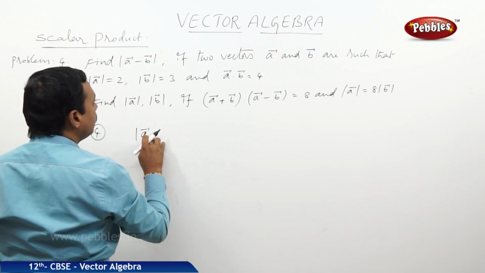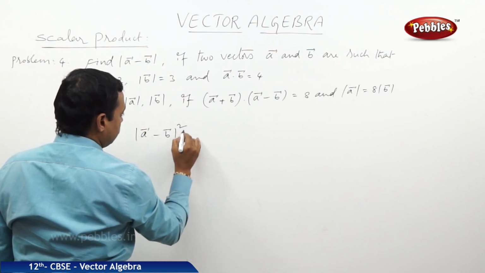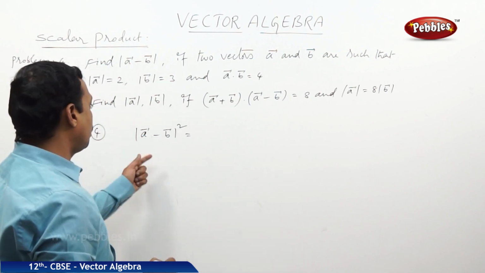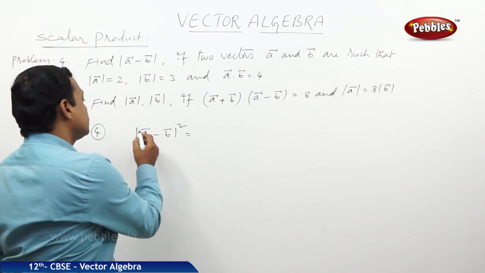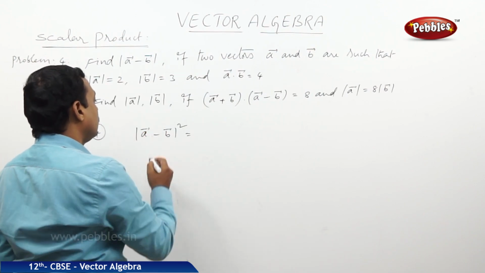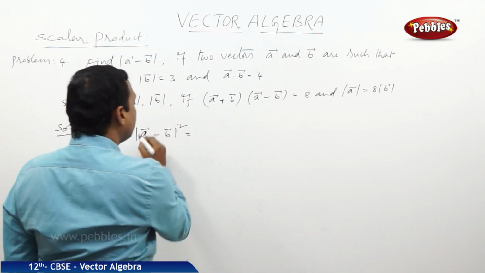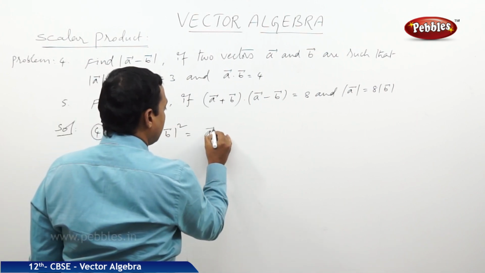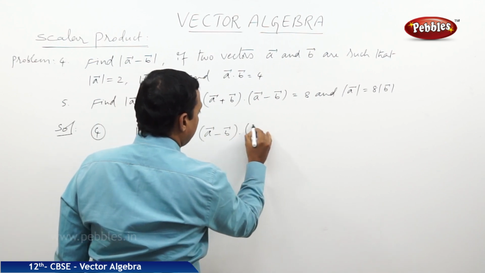Let us take modulus of a minus b whole square. Consider modulus of a bar minus b bar whole square. Now we can write this one as a bar minus b bar dot a bar minus b bar.